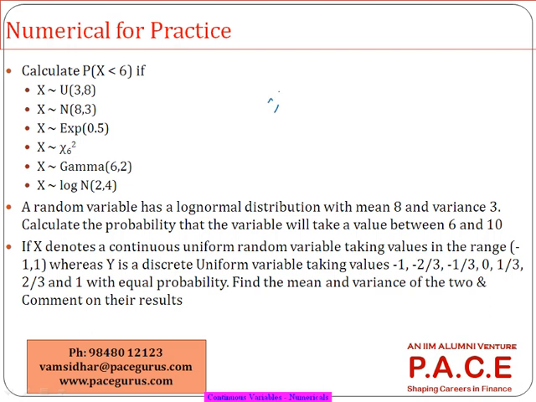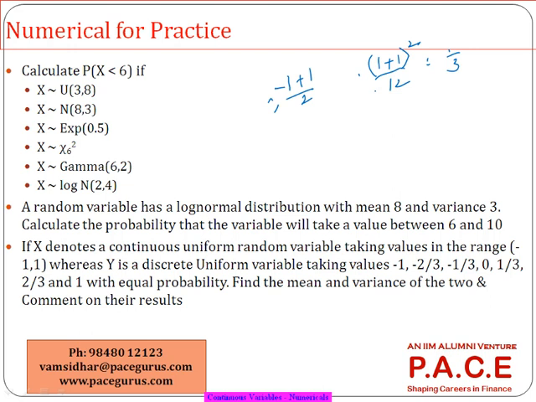So the mean is 0. Variance is (b minus a) whole squared by 12, 2 squared, 4 by 12, 1 by 3. So if it is a continuous distribution, the mean is 0 and the variance is 1 by 3.